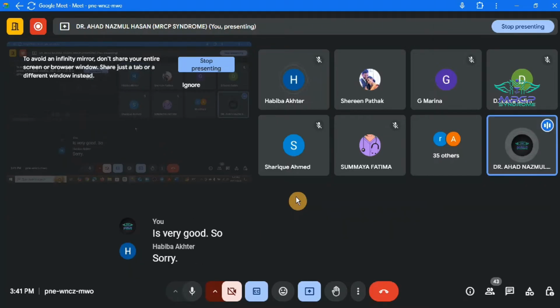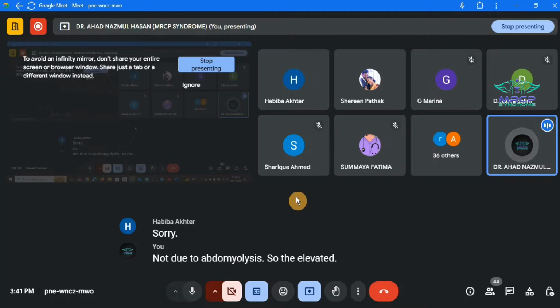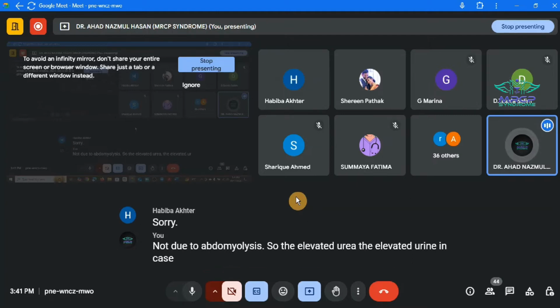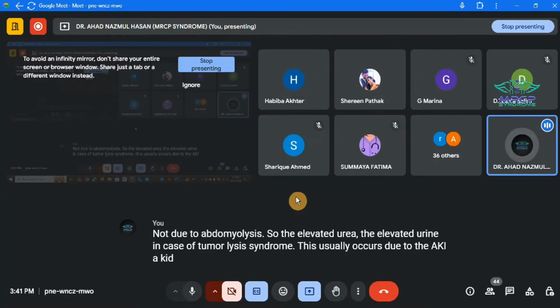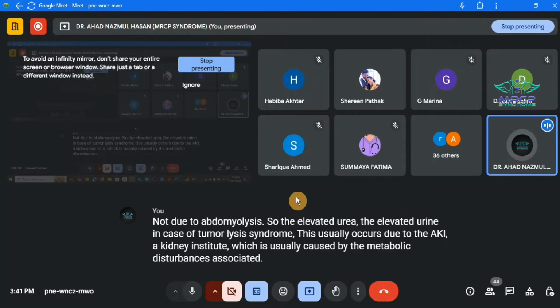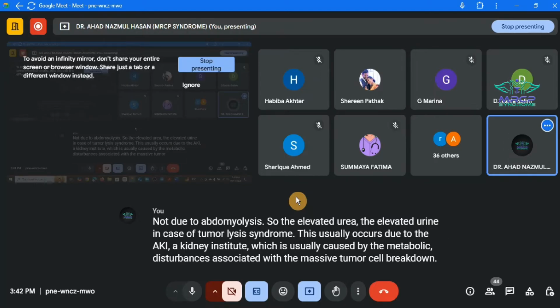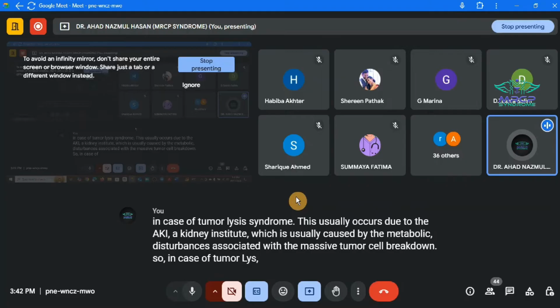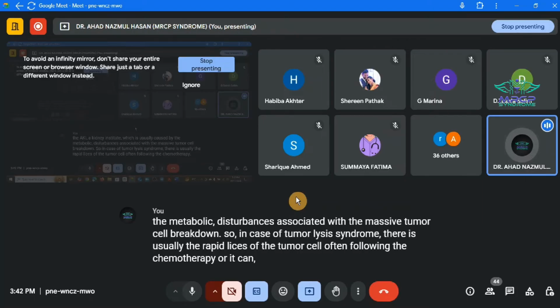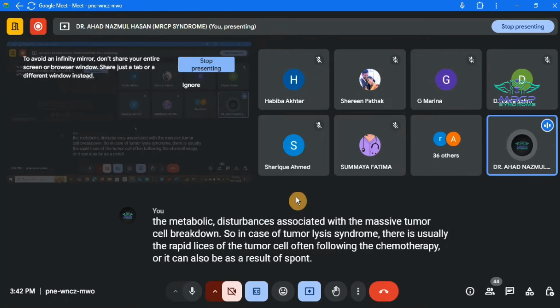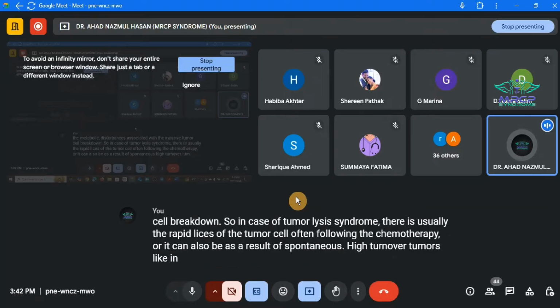Not due to rhabdomyolysis. The elevated urea in tumor lysis syndrome usually occurs due to AKI, acute kidney injury, which is caused by the metabolic disturbances associated with massive tumor cell breakdown. In tumor lysis syndrome there is rapid lysis of the tumor cells, often following chemotherapy, or as a result of spontaneous high turnover tumors, like leukemia or lymphoma, as in this scenario.